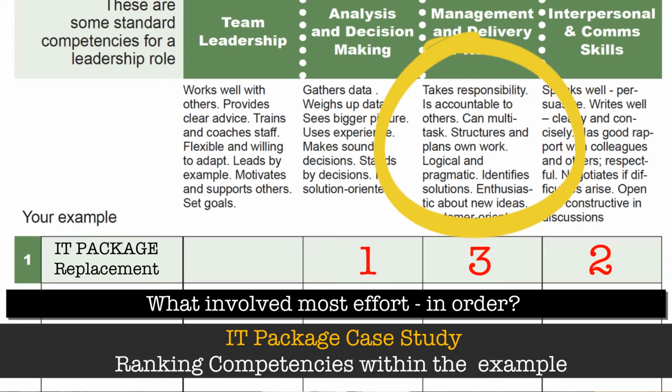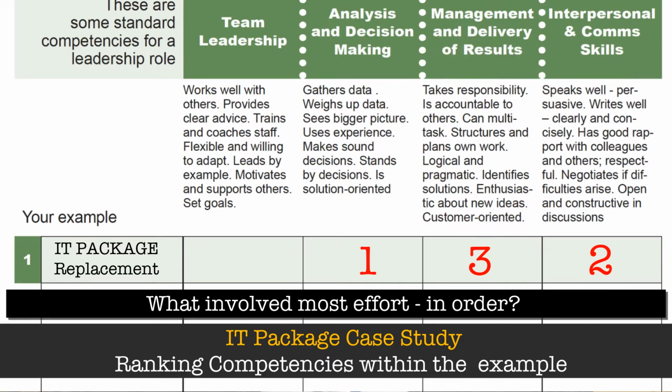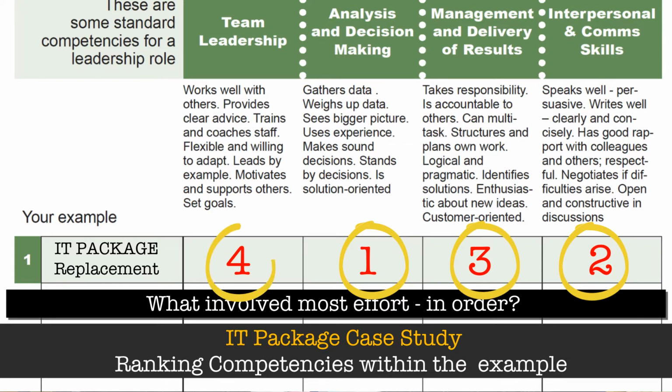But one competency that wasn't really involved here was team working, because this was largely a solo run that Hilary as manager had to do, so that's a 4. So to recap, analysis and decision making was first, closely followed by communication skills, closely followed by achieving results, and then trailing the field is team working. So that's the matrix.